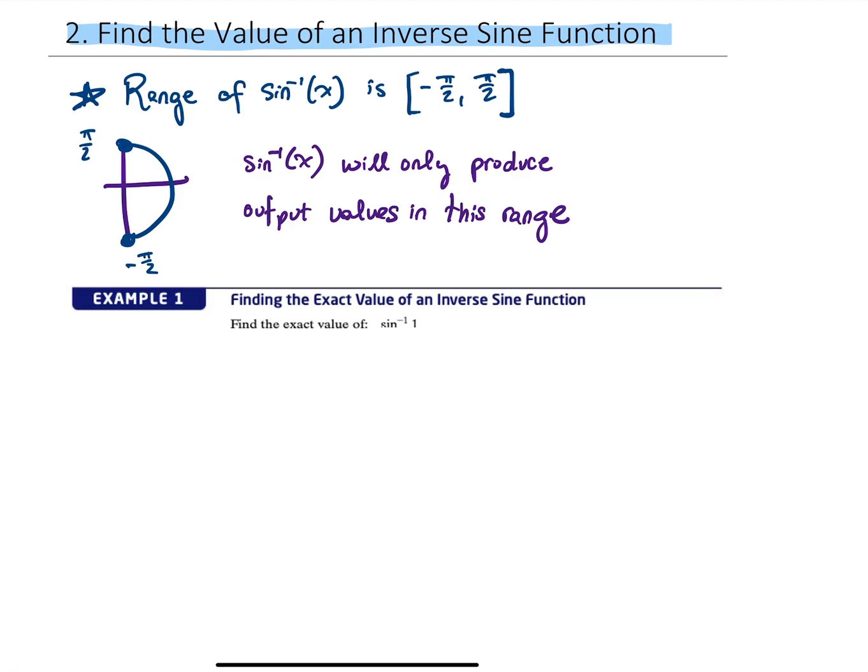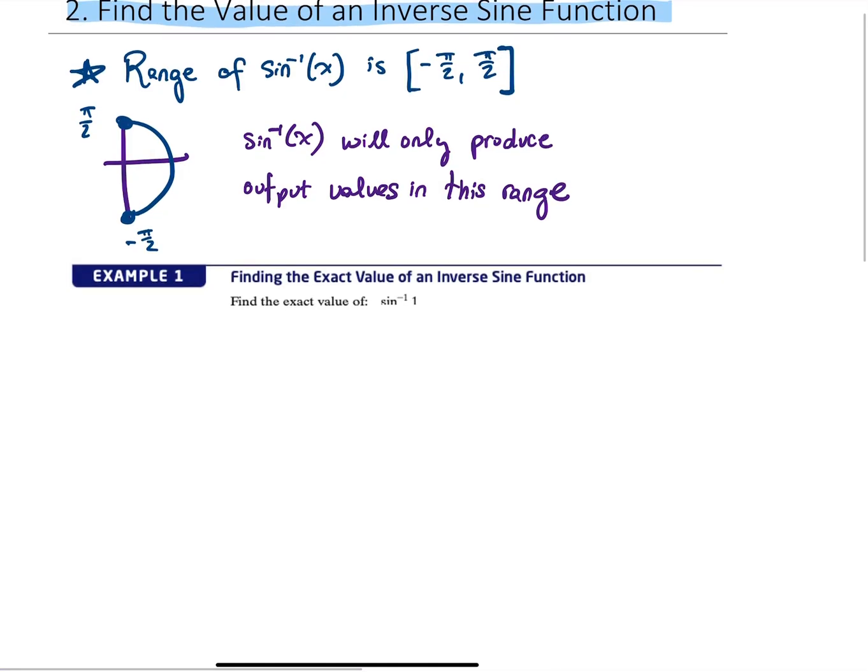So let's look at a couple examples and see why this is important to remember. The first one is asking for the exact value of the inverse sine of positive 1. So we can say this is equal to something. Let's say this is equal to y. So we can view this as asking, we have 1 as an input, and we said earlier the output of the inverse trig functions are angles.